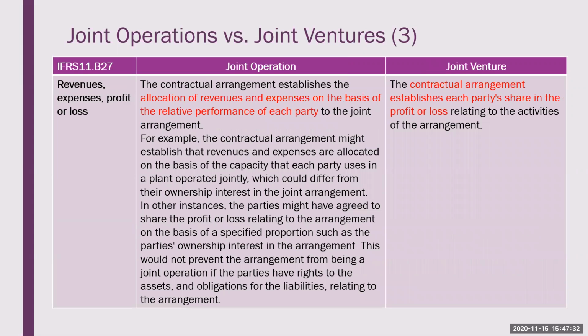Thirdly, with regards to revenues, expenses, profits, or losses, if these are allocated amongst the parties, then it's a joint operation. In a joint venture, the owners have a share of the net profit or loss, not revenues and expenses.